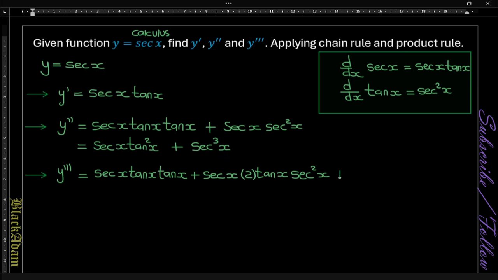That would mean that we have plus 3 sec squared x, and then we have sec x tan x.